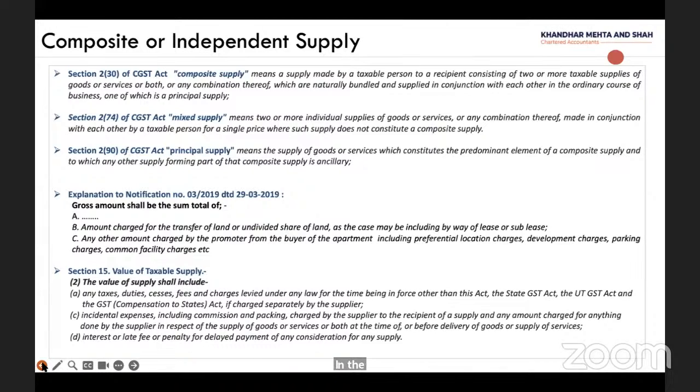If we merely refer to that particular definition, then also we'll get a certain answer: the gross amount shall be the sum total of the amount charged towards the transfer of land or undivided share of land, as the case may be, which may include lease and sublease, and the amount charged by the promoter from the buyer of the apartment, including preferential location charges, development charges, parking charges, common facility charges. So all such charges are basically the gross amount that is charged.